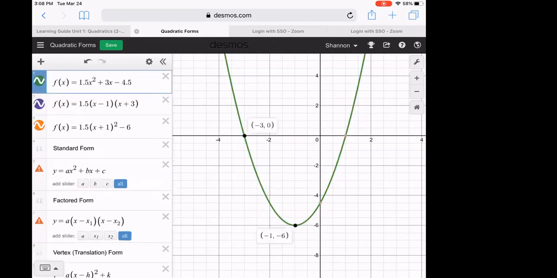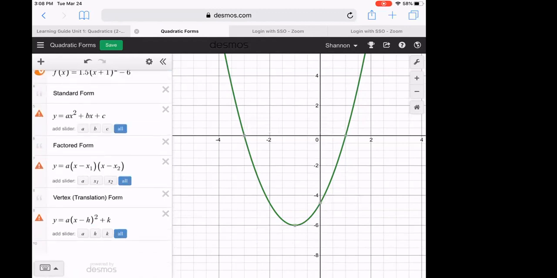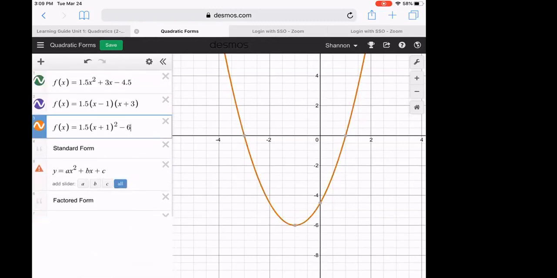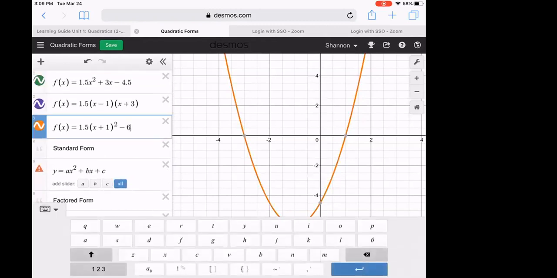And if you go back and think about those critical points, does vertex form or translation form help you find any key points? Does it help you find the x-intercept at negative 3? Let's go back to my formula. What was my formula? It was 1.5 times the quantity x plus 1 squared take away 6.